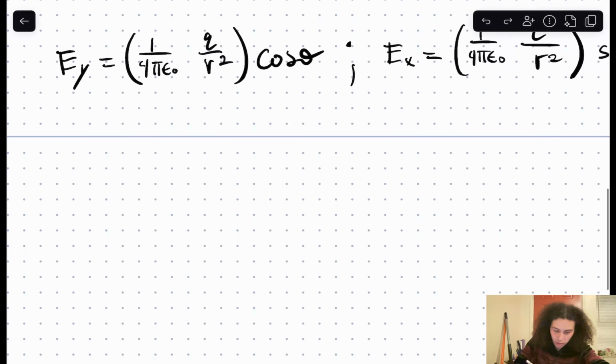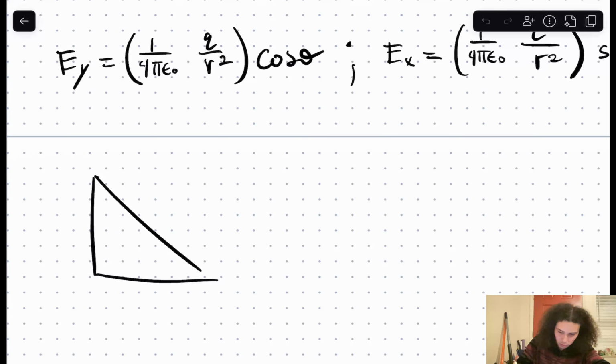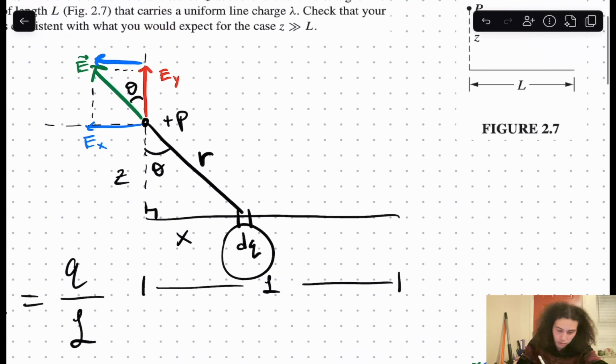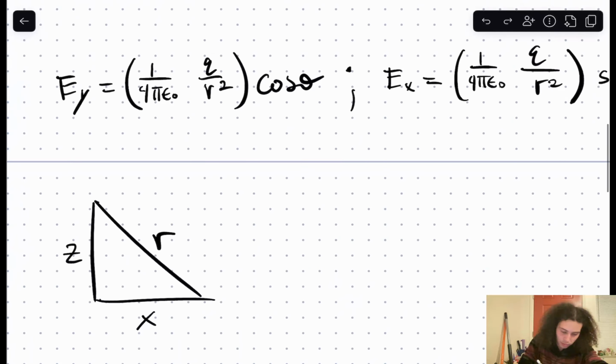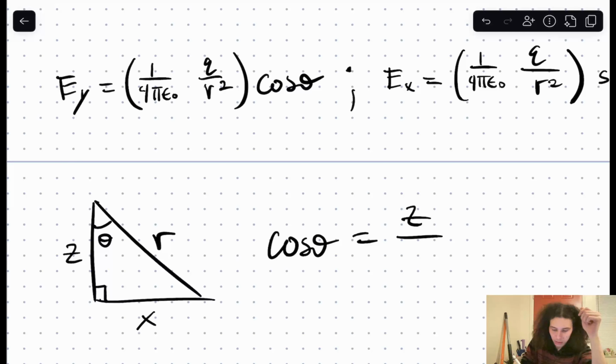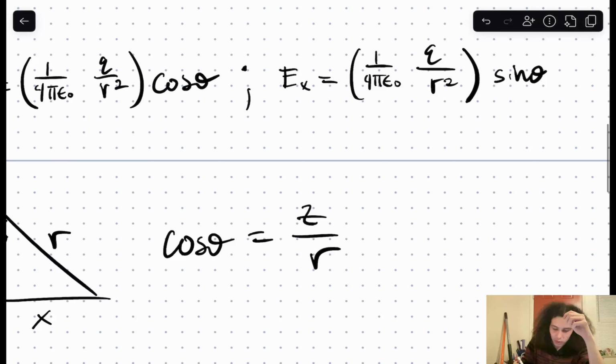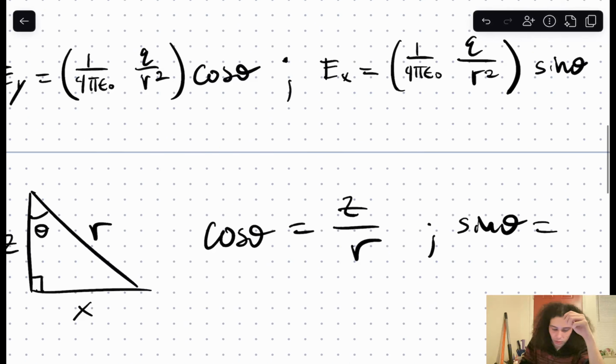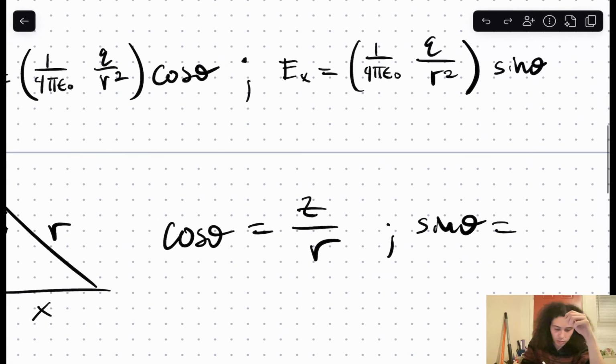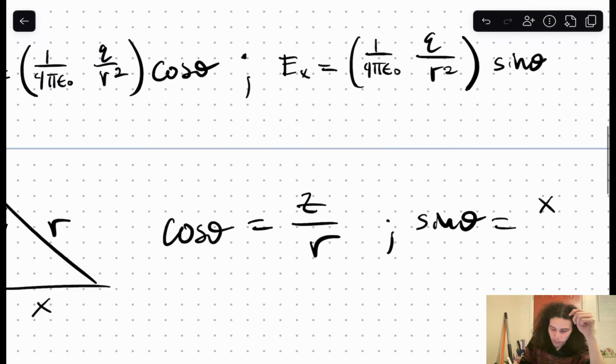In the case of our triangle here, the lengths X, R, Z, we're just copying that triangle down. The angle is up here, notice. So that means that our cosine is adjacent to the angle over hypotenuse. Cosine theta is equal to Z over R. And that leaves sine theta equal to opposite over hypotenuse, X over R.